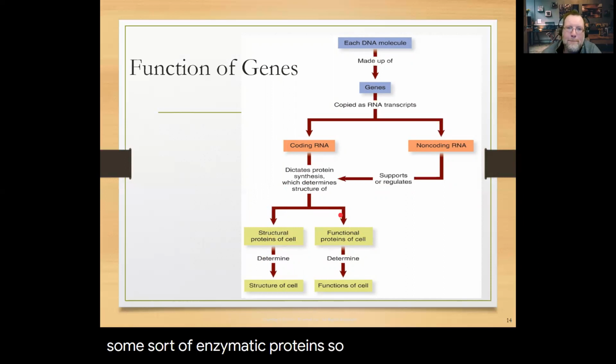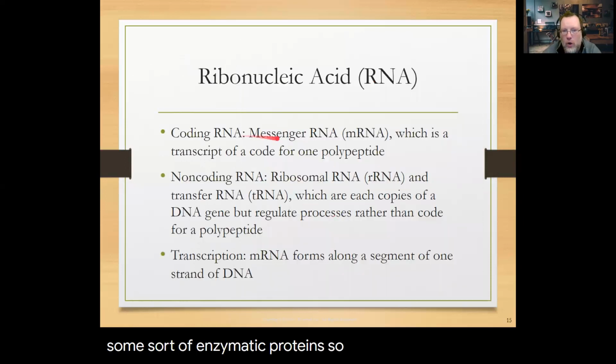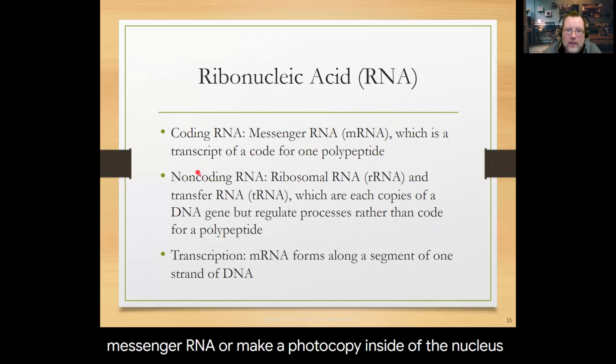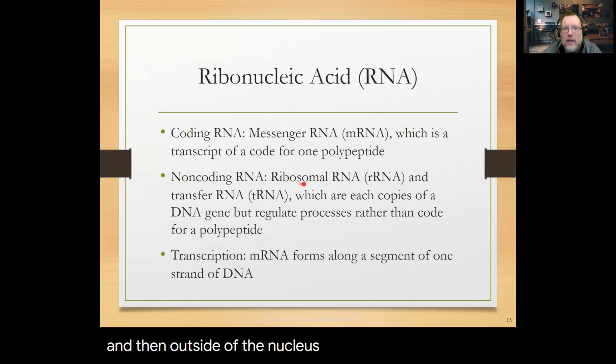So the coding RNA is called messenger RNA. These are what makes the photocopy in the nucleus. Okay, so we transcribe with messenger RNA or make a photocopy inside of the nucleus, and then outside of the nucleus we have non-coding RNA.